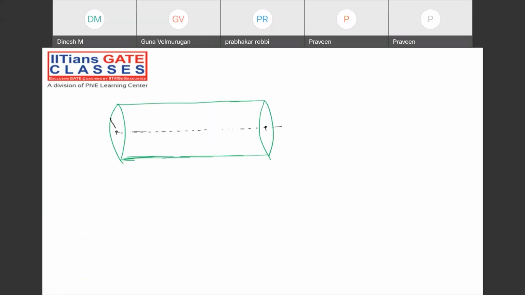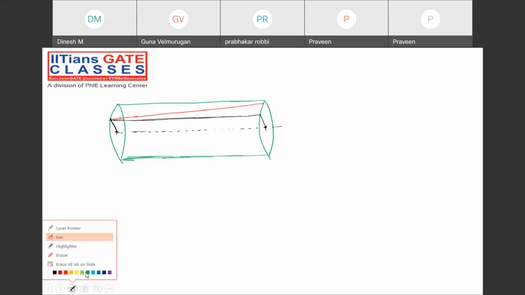Suppose I am taking this distance, the same distance, and drawing one horizontal line. I'm taking a distance from here. Now I'm drawing one more line, something like this. Now guys, try to understand the development of this particular figure.